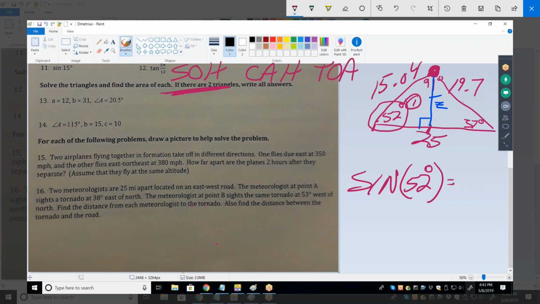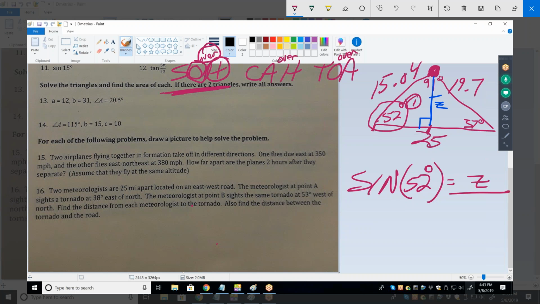What does O mean? Opposite. And there's always an over between these. They don't say, but you're supposed to assume. So it means opposite over hypotenuse. So what is opposite? The z.